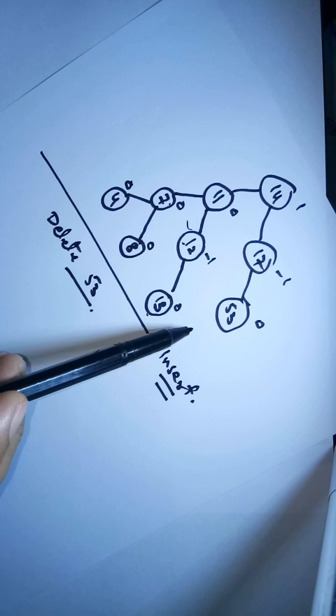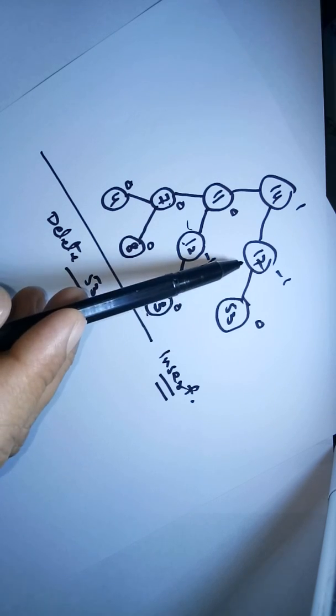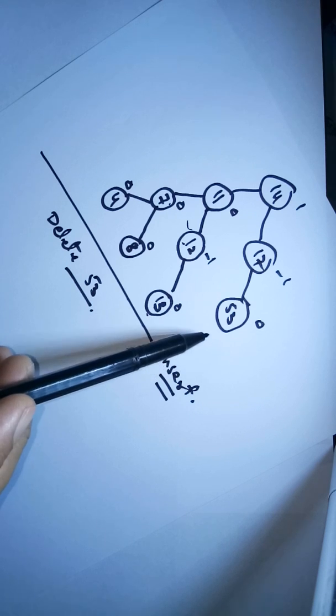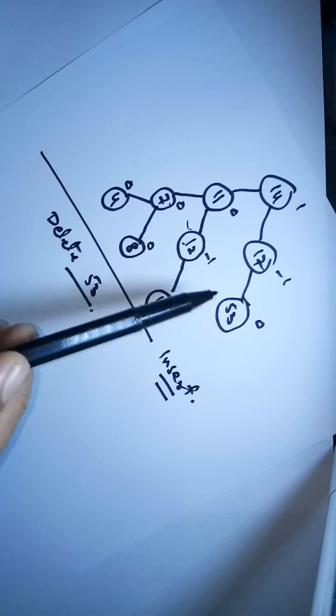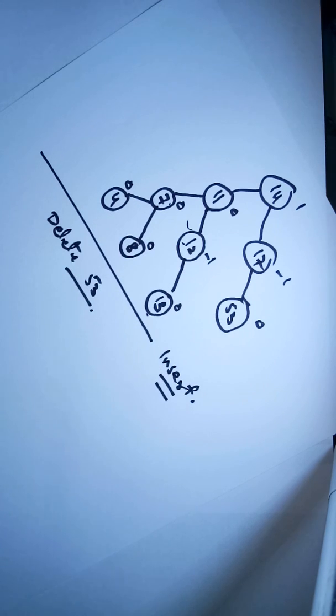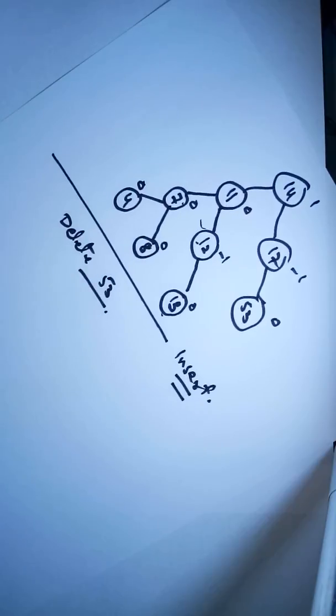You can attach the child of that node to its parent, and delete it. But if it has two children, then you cannot delete it like this. You need to replace it with its successor, and then check which case it is. You can go to the previous video if you are interested to find how to delete a node from a binary search tree.